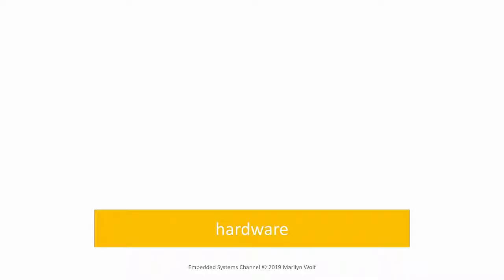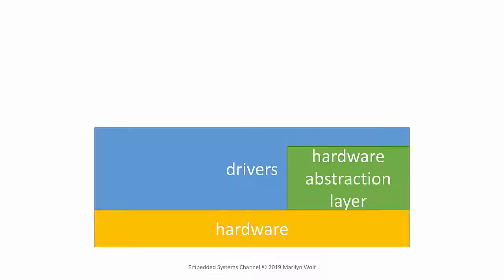We can look at a layer diagram to better understand the organization of an embedded system. The hardware is at the bottom. That includes the processor, the bus, and ultimately the interfaces. Then a hardware abstraction layer provides a few basic drivers, and then we have additional drivers that are specific to our own project.